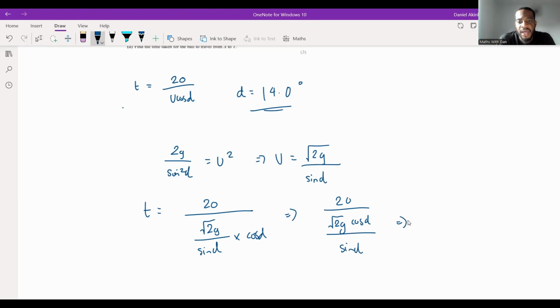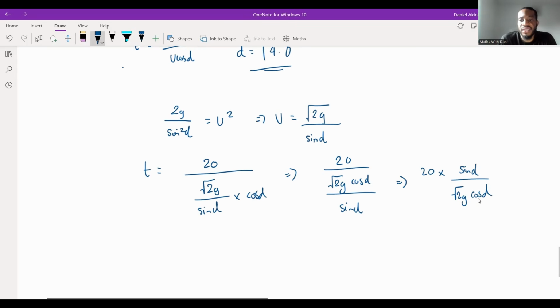That's 20 times sine alpha over root 2g cos alpha, isn't it? And sine over cos is tan. That's 20 over root 2g times tan alpha.